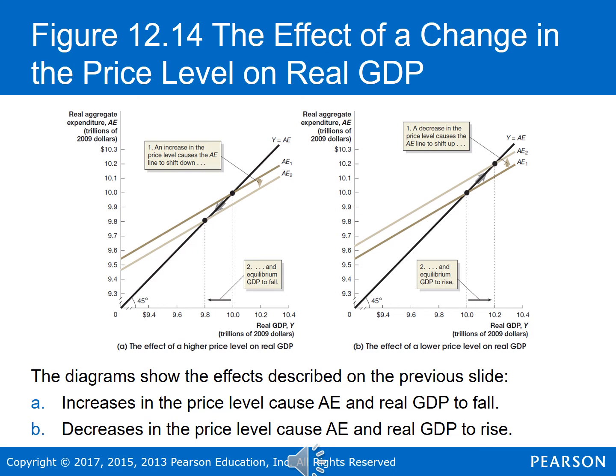Again, because the cost of living has increased. On the other hand, decreases in the price level. So as the prices of goods and services fall, households are relatively more wealthy. They can afford more than they did in the past, even with the same salary. What that's going to do is shift up the aggregate expenditure curve, and it's going to increase real GDP.